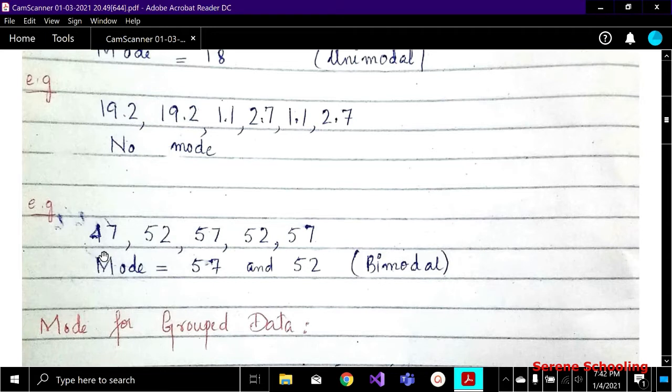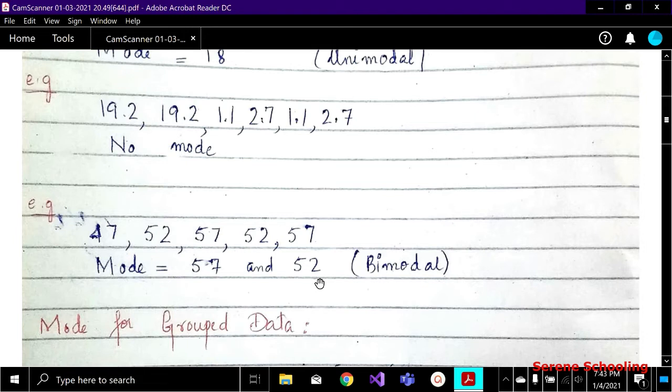As compared to this value, these two values are repeating twice. It means 57 and 52 are our modes, and they are bimodal. Why bimodal? Because we are getting two values as mode. So that was how to analyze the mode for ungrouped data.